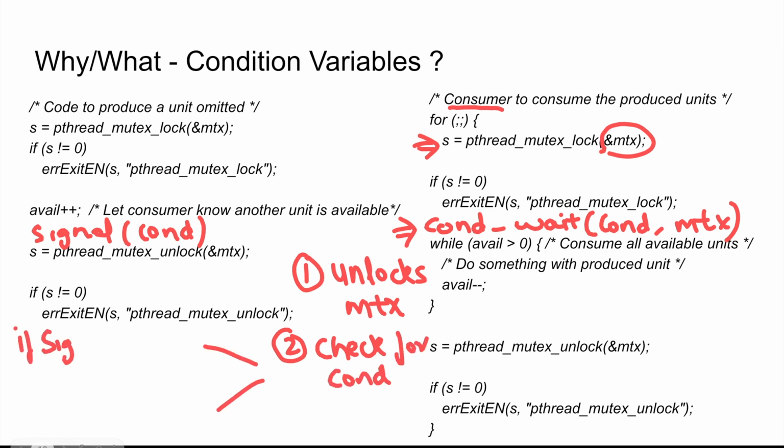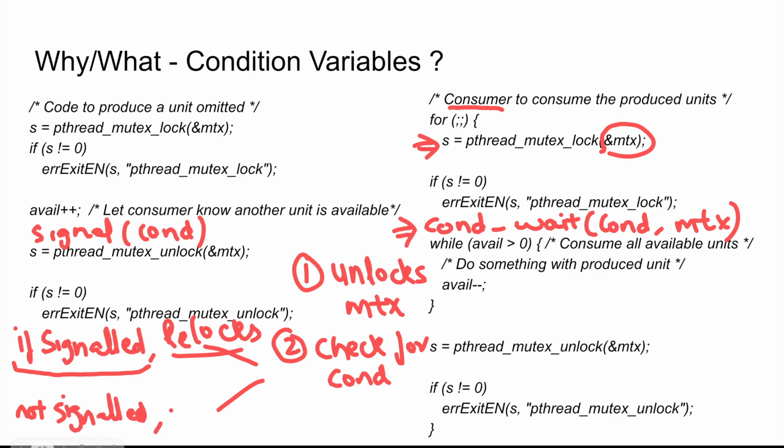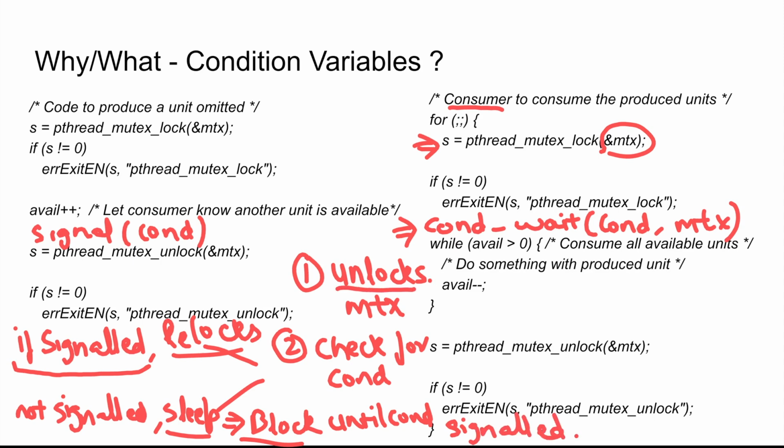If the condition variable has been signaled, it relocks the mutex and proceeds accessing the shared variables because there is some work to do as a signal call was executed. Otherwise, if it has not been signaled, then it goes back to sleep and stays in the blocking state until the condition variable has been signaled. Unlocking the mutex is important because before issuing a condition wait, we have already locked the mutex.